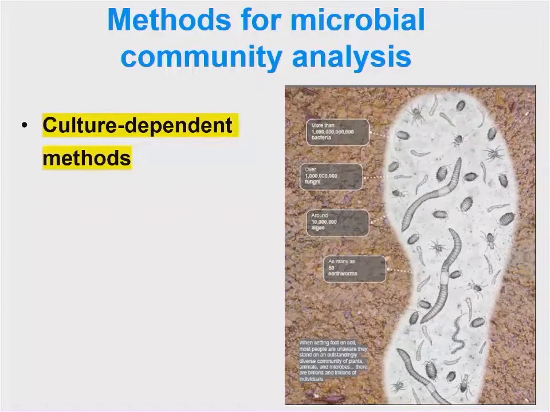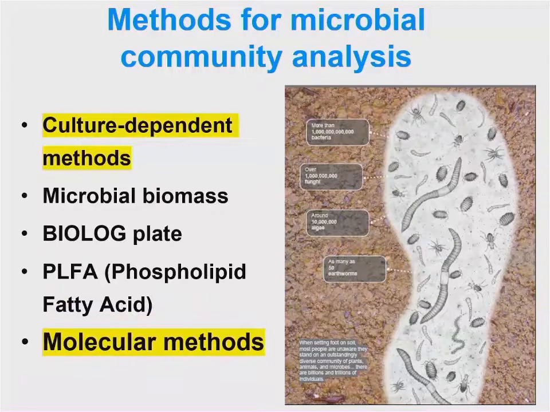We inoculate the soil suspension into petri dishes using different media, and then isolate those microbes, and then we can study the composition and the functions. But because there are so many microbes in the soil, we call the culture-dependent methods biased. They selectively culture those microbes.